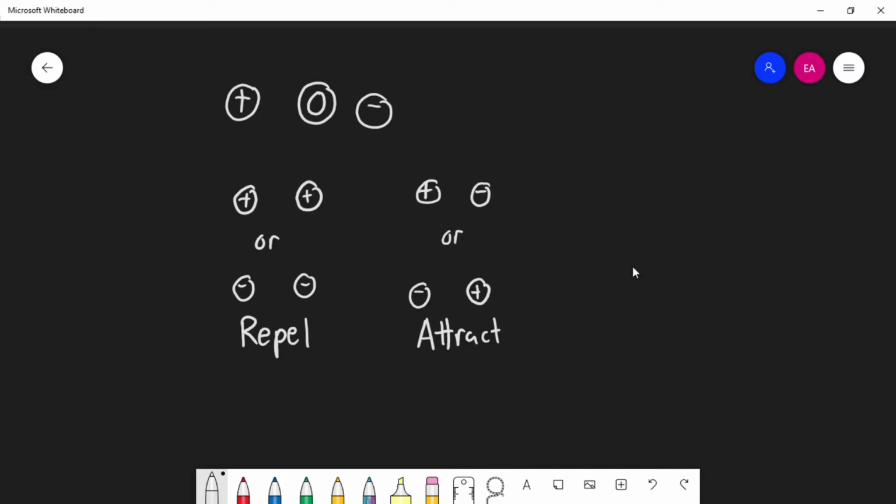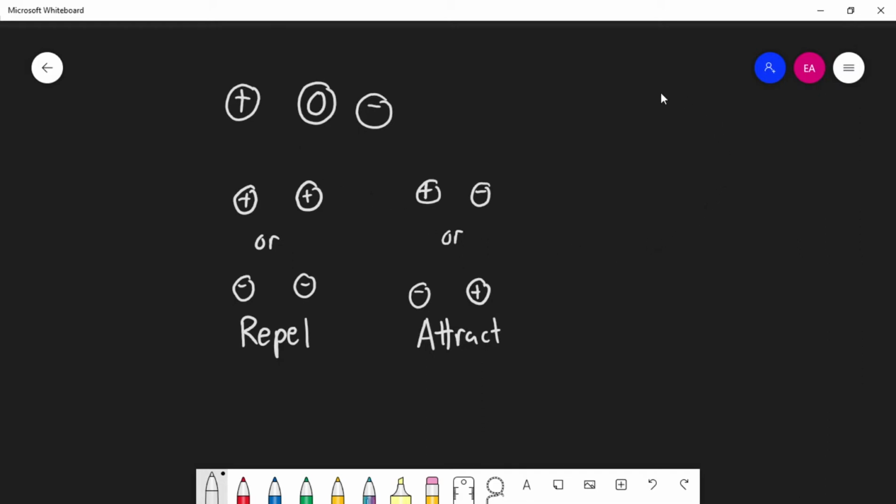Now there's actually a bit of a misconception here because Coulomb's law does not necessarily state what happens to a neutral charge. But let us all remember that there is no such thing as a totally zero charge, except on a subatomic scale.